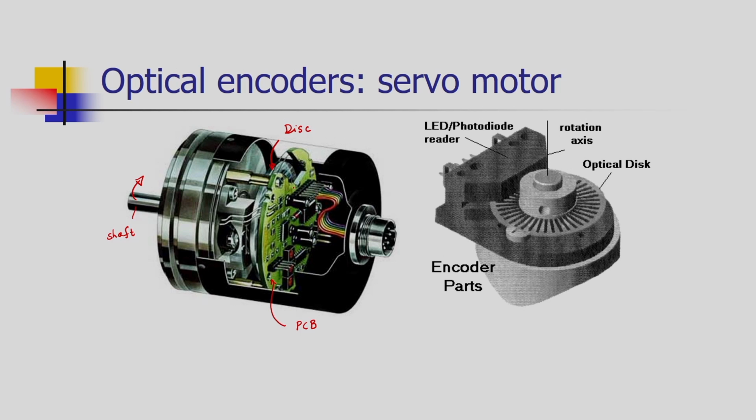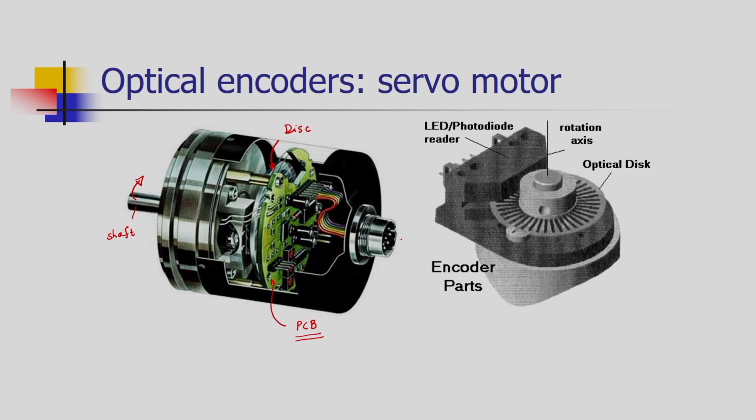There is a light source which is mounted at this location, and there are receptors which are mounted on the PCB drive. So the PCB drive is fixed to the casing of the shaft. The shaft is rotating, the disc is also rotating along with the shaft, and we are getting the signals on the microprocessor based electronic circuitry which is mounted on the PCB.